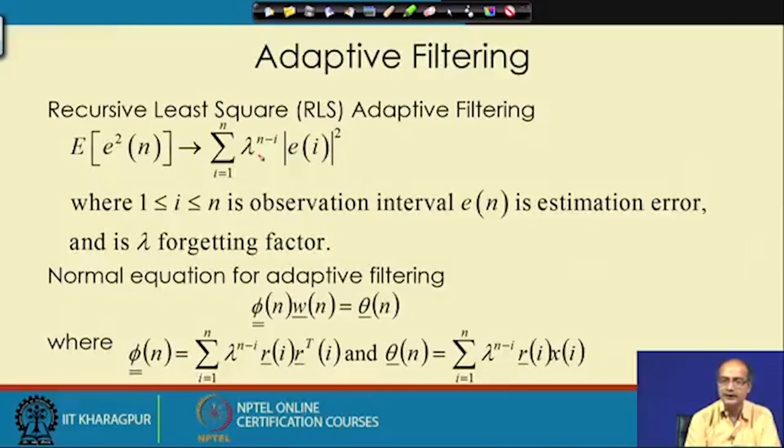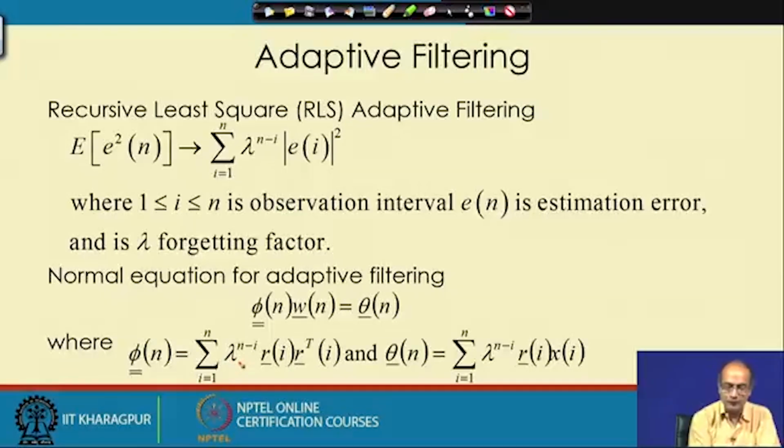So, let us see what we get here: a normal equation, phi n, which is a matrix, multiplied by the weight vector W n equal to theta n, where phi n is the autocorrelation matrix of the reference input, with the forgetting factor.